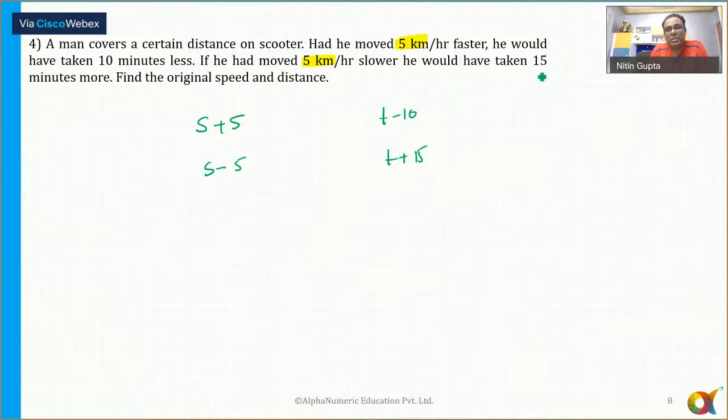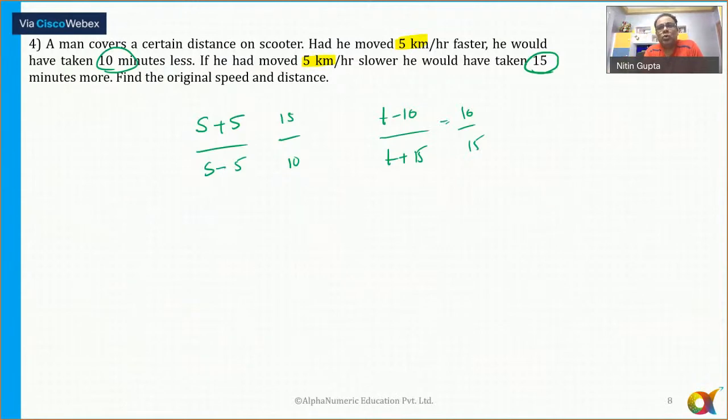If the change in speed is the same, the ratio of the speeds will be 15 and 10. So this is in the ratio 15 is to 10, and we can work on the ratios here. And the time ratio will be reversed, that will be 10 by 15. That's it, but a very special case, and you'll get the same answers as we have seen. Either you can use the direct formula, but if it is a special case, then you can do it this way.